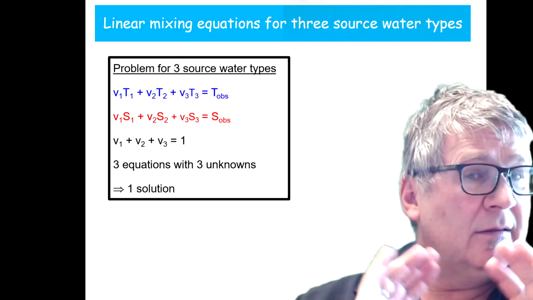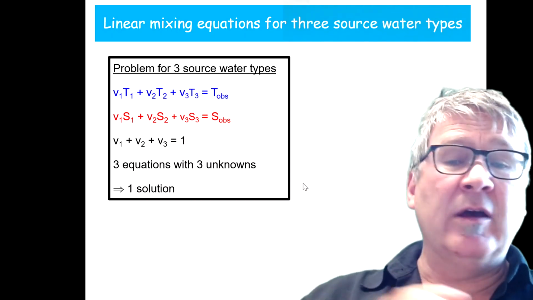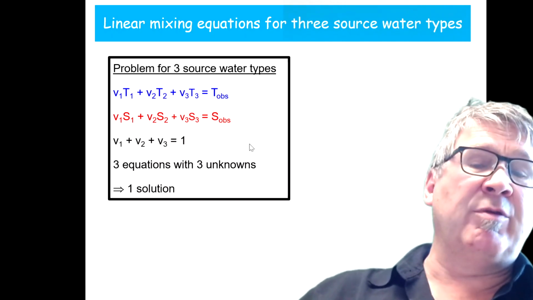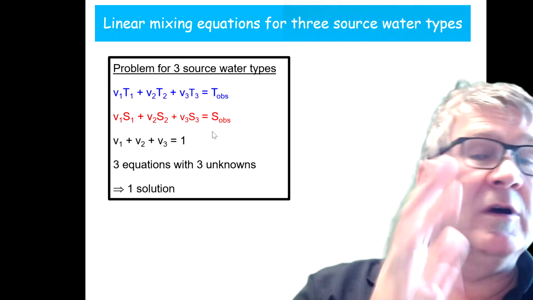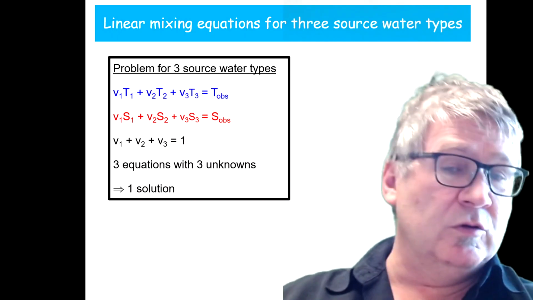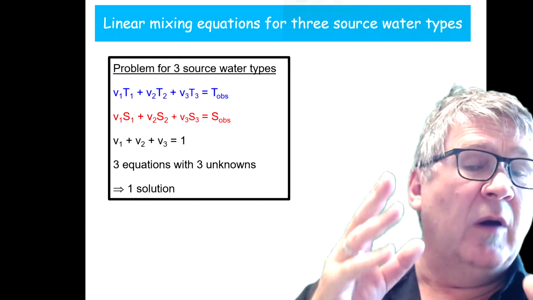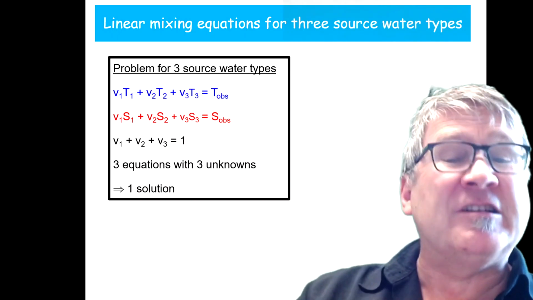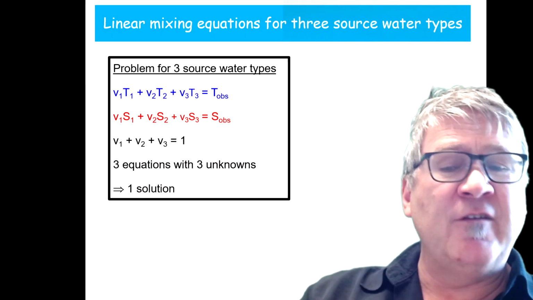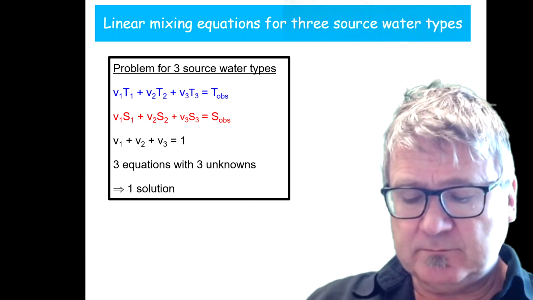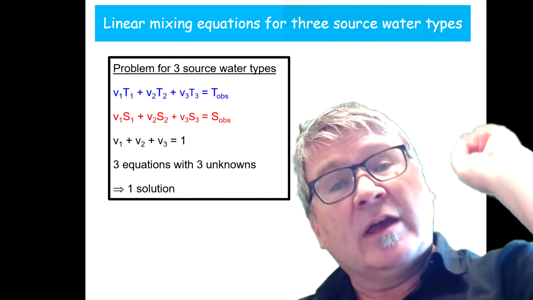No decay, no internal source. Again, you end up with 3 equations with 3 unknowns, and you get 1 solution. You get 1 solution in terms of how much the fractions are, the unknowns V1, V2, and V3. Let's have a look at an example.